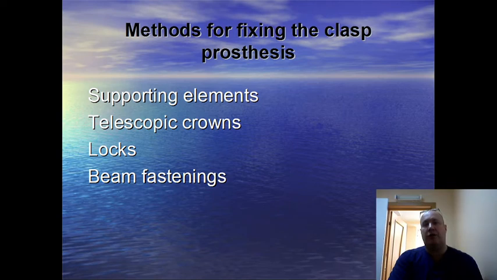Here are four main methods of fixation of the clasp prostheses. First, with the supporting elements. The second one, telescopic crowns. The third, locks. And the last one, the beam fastening.